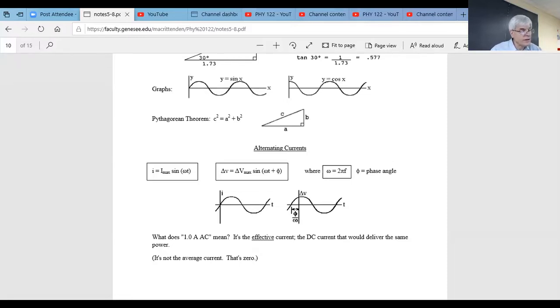See, we're using that trigonometry already. The current I as a function of time t is a sine wave, just like out of a trigonometry book. The voltage as a function of time is also a sine wave, more or less.